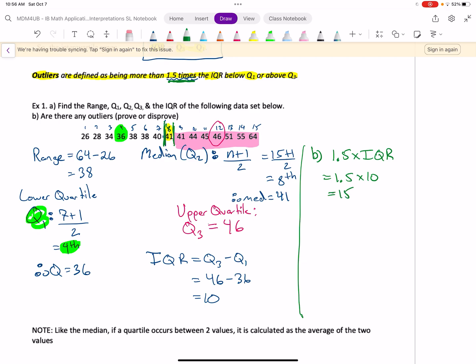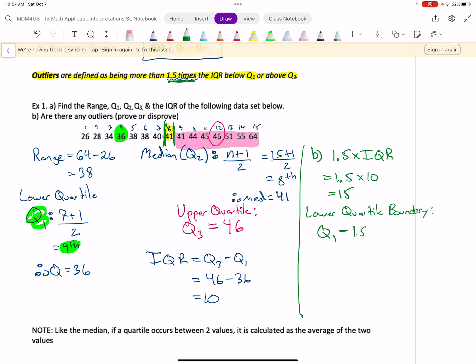So I'm going to then go to my lower quartile boundary. I take Q1 and I want to go to the left of that, right? That makes sense visually if you think of it.